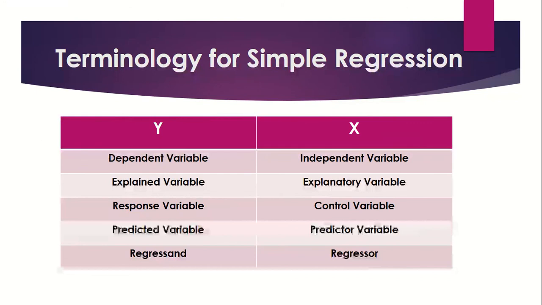And when y is the explained variable, then x is the explanatory variable. When y is known as the response variable, then x is the control variable. When y is the predicted variable, then x is the predictor variable. And when y is the regressand, then x is the regressor.